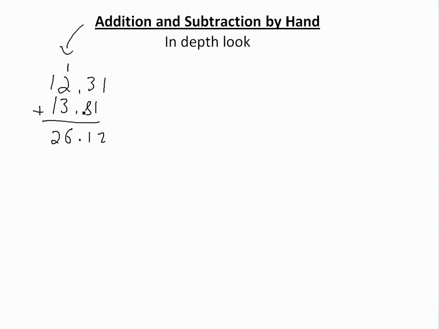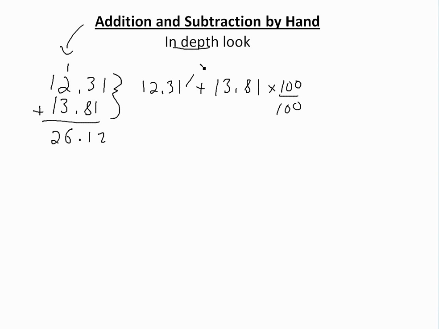With addition and subtraction, you could just see that every number has to add up in its own digits, like where the digits are. But just to clarify and look in depth, I'll show you how you could rewrite this so that it makes a bit more sense. You could rewrite this as 12.31 plus 13.81, and then multiply the top and bottom by 100, so you get rid of the decimal place.